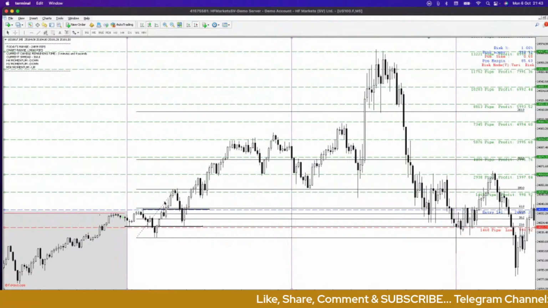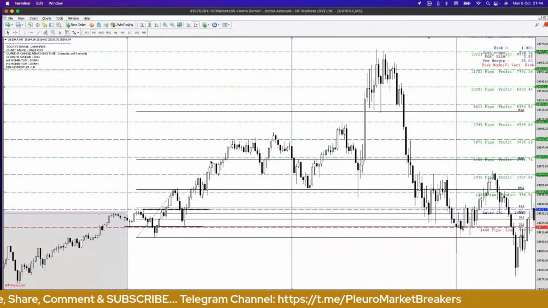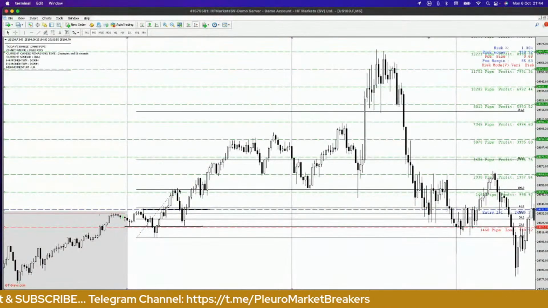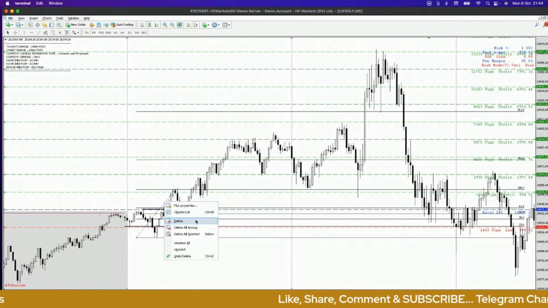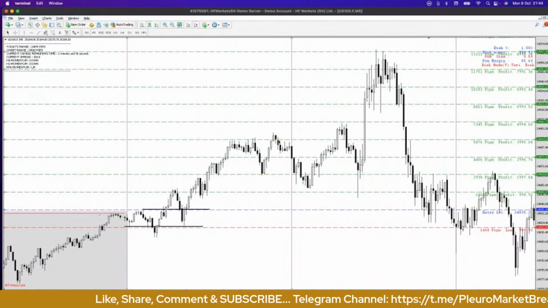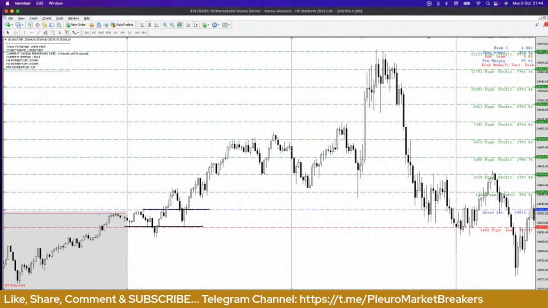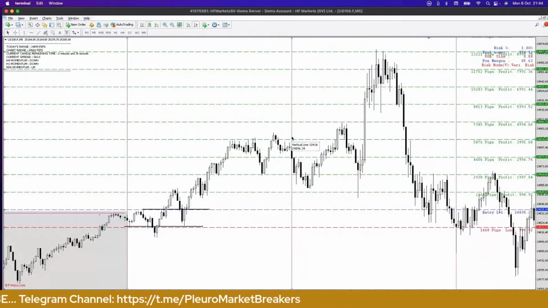Now usually I'm trying to get all the way up. So this is the 100 level, that's the 161. I'm trying to get to the 261. But forget the Fibonacci. Just take the outer hour. So 1-1, 2-1, 3-1, 4-1, and then the session retraces. And then you're done. Once this line hits, you're out.